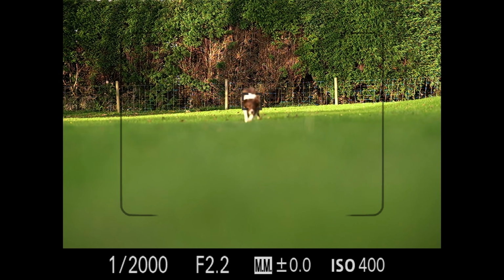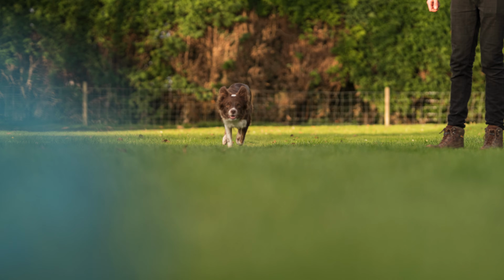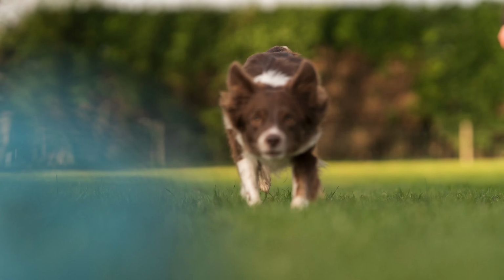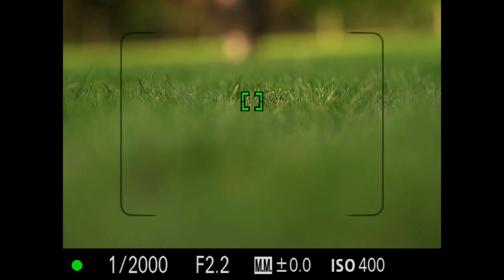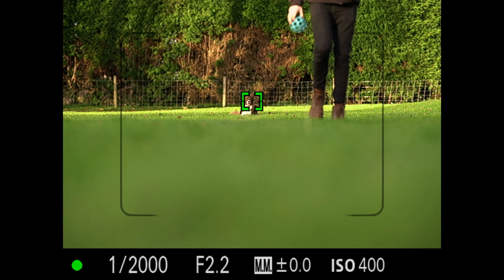But it is absolutely diabolically useless for anything to do with moving subjects. And if that subject is moving very quickly, you might as well just take the lens off and throw it at a brick wall, because it's not going to get any good pictures from that situation. Unless you manually focus, I guess, which you could do. But what's the point? There's no point. Just change your lens to something faster.